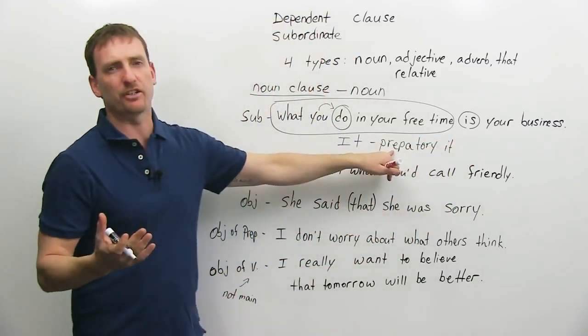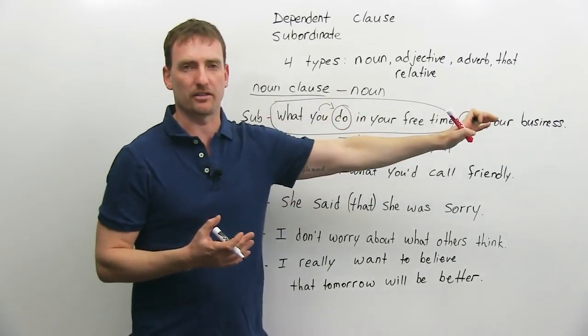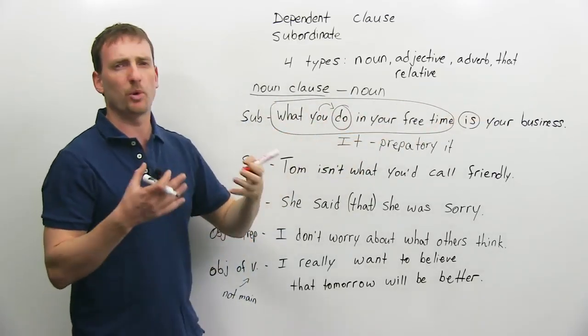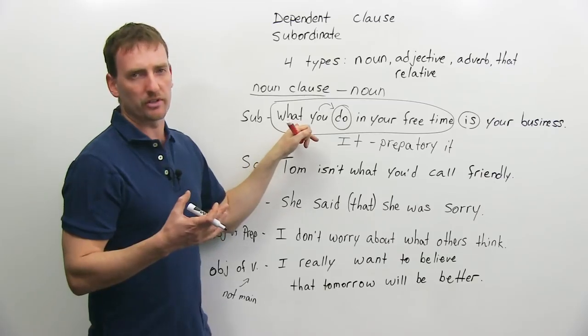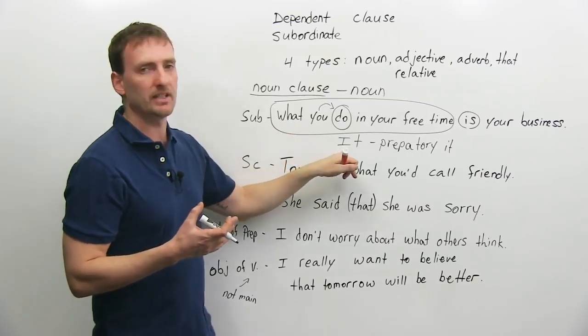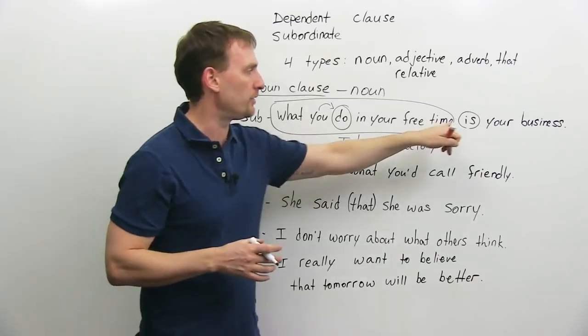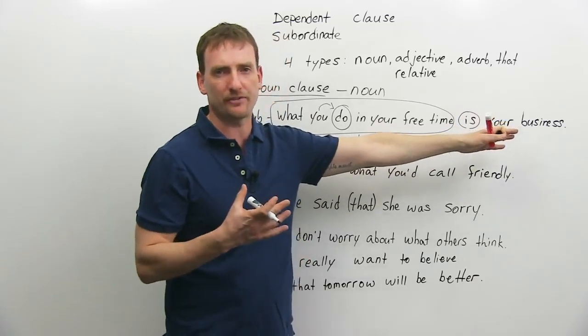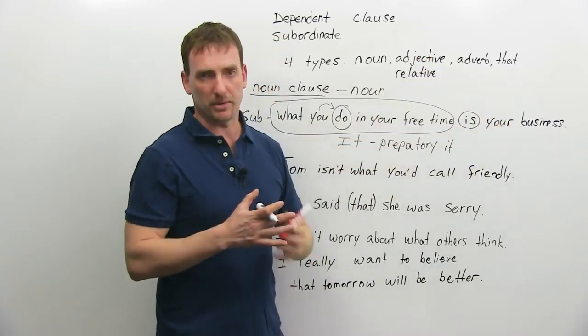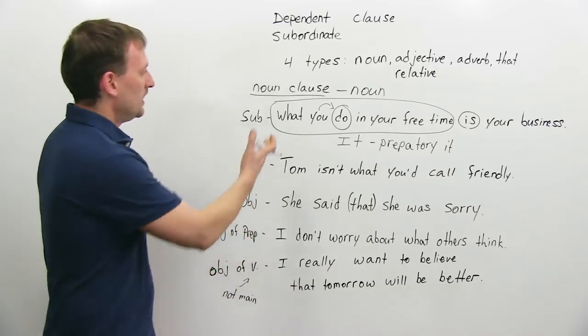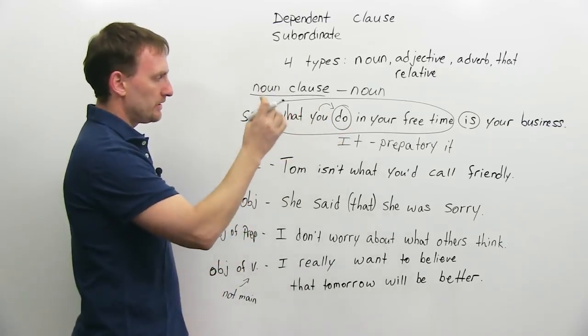Means we prepare you for the subject that's going to come later. Why do we do this? Because it's a bit awkward to do it like this. It's more convenient to begin with it, get to the verb and get to the whatever comes after the verb, and put the subject later because it's long. Okay? What you do in your free time, subject is verb.